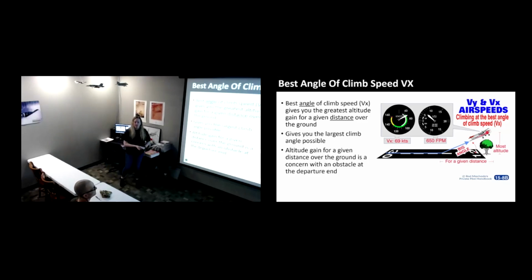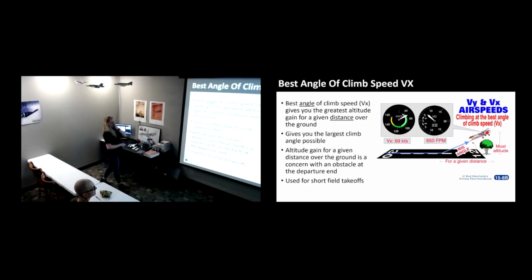Vy, you will climb just as high, but in a shorter amount of time. It's going to take a longer distance, but you're going to get there time-wise faster. Okay. We don't care. Time is great. We want to save time. We don't want to be climbing, we want to get that climb over with in the fastest amount of time. Unless there's an obstacle to be concerned about, then we care about how much distance we're taking. Cool.